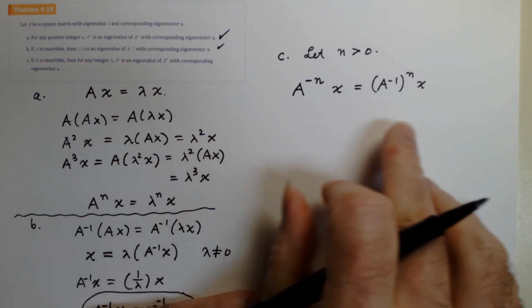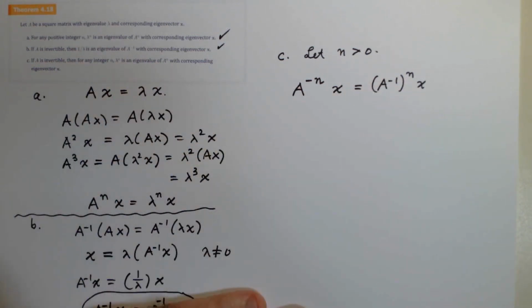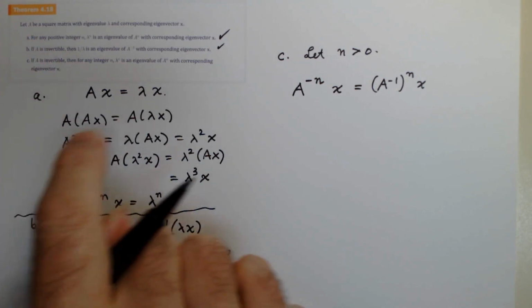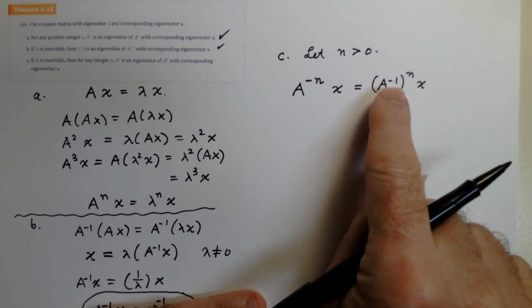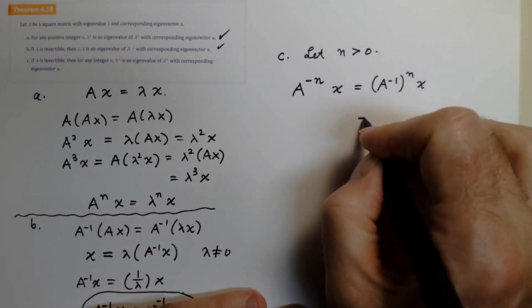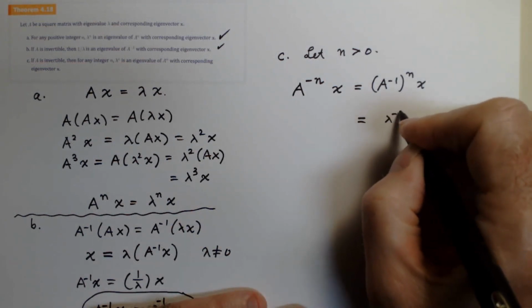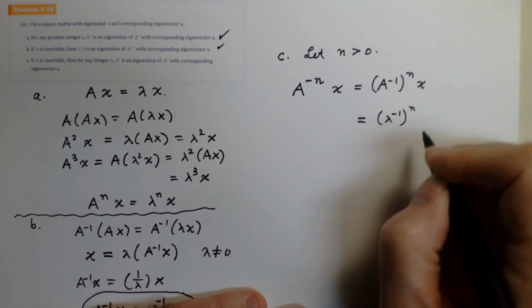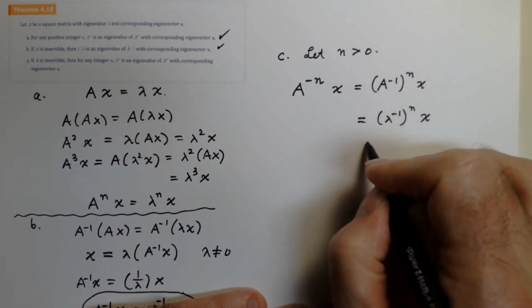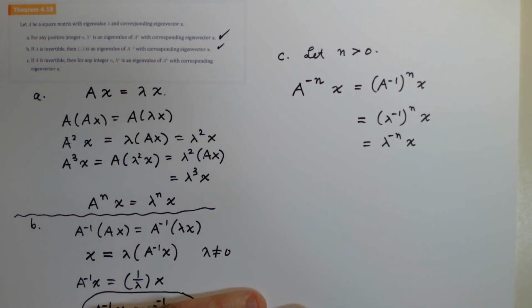So I'm basically leveraging part A of our argument now for the matrix A inverse. All right? And so using part A here in part C, but now applying it to the matrix A inverse, we can conclude that this is equal to lambda to the minus 1 raised to the power of n times x, or equivalently, lambda to the minus n times x.